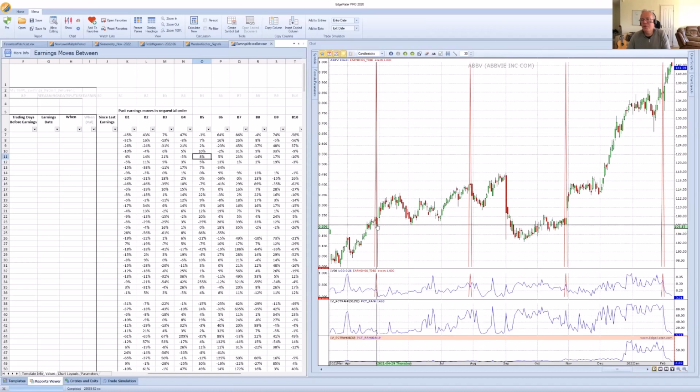In this case, for instance, ABBV either had earnings on Thursday after the market closed, so the last trading day for earnings was Thursday, or it had earnings before the market opened.